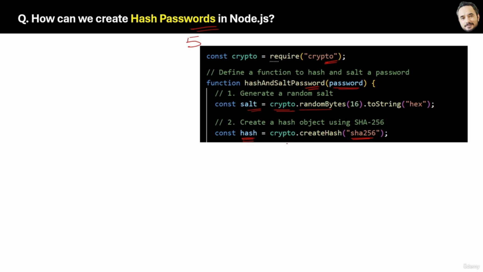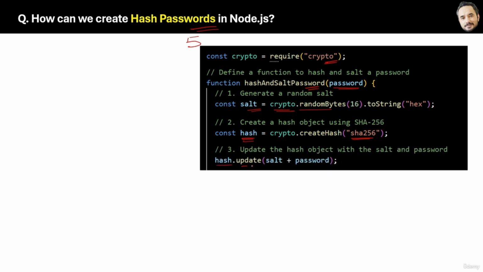Now we will use the update function of this hash object to combine the salt string and the plain text password inside the hash object. So in short, now this hash object has both things. But this hash is an object now and we need a string password, right?